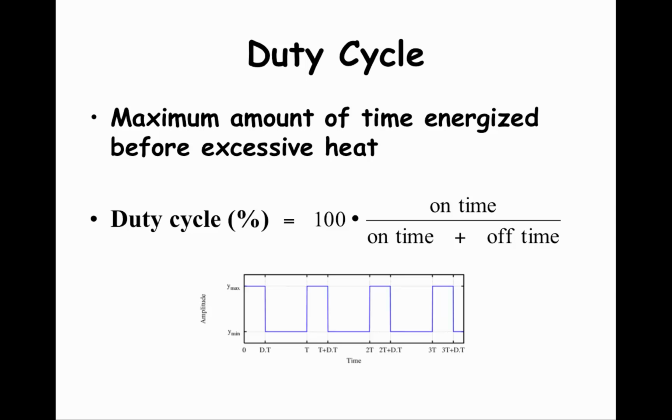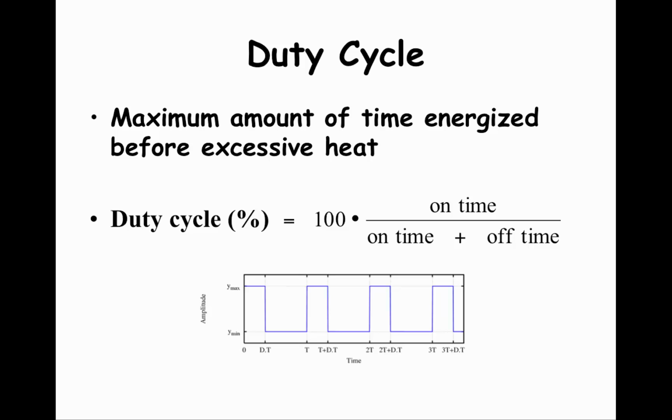The next characteristic that you should be thinking about when selecting relays and other devices with coils is the duty cycle. The duty cycle describes the maximum amount of time that the device can be energized before the device begins to generate excess heat.